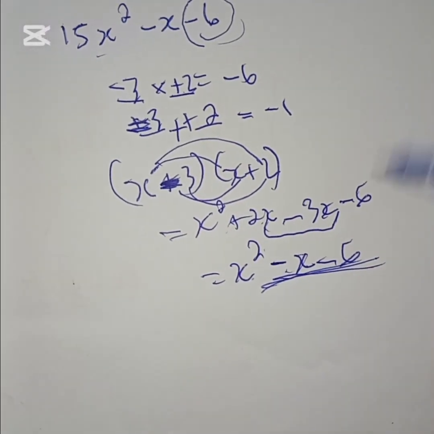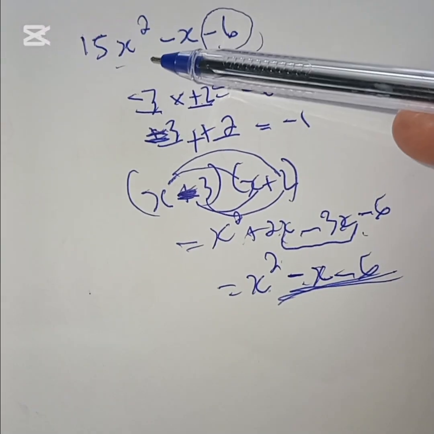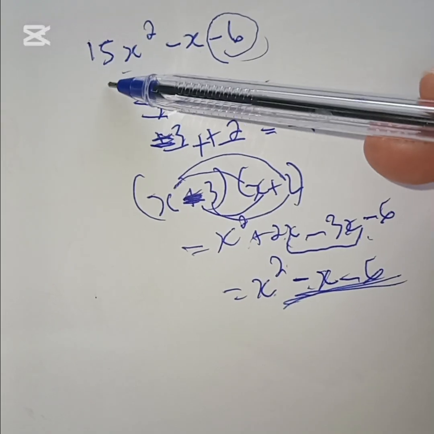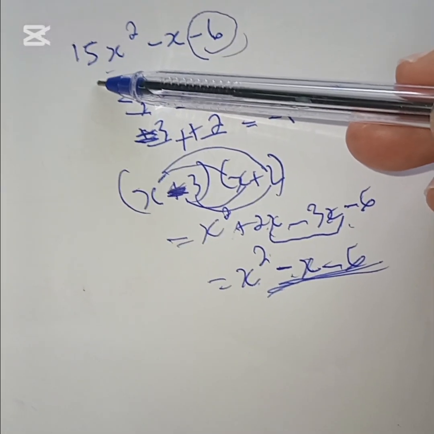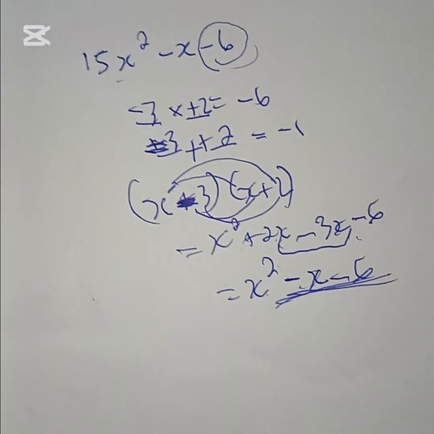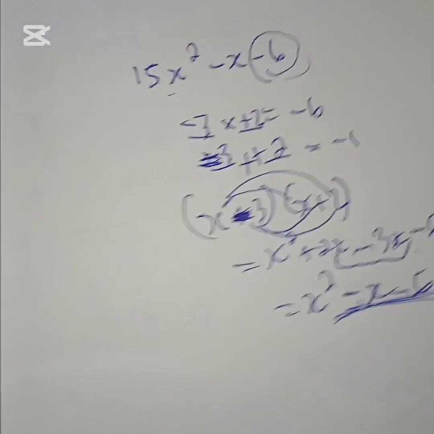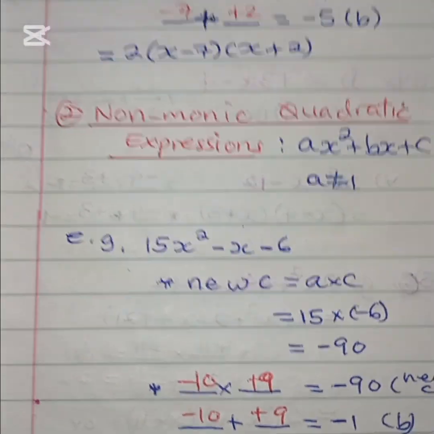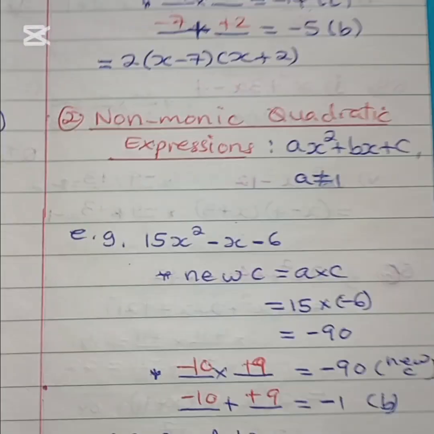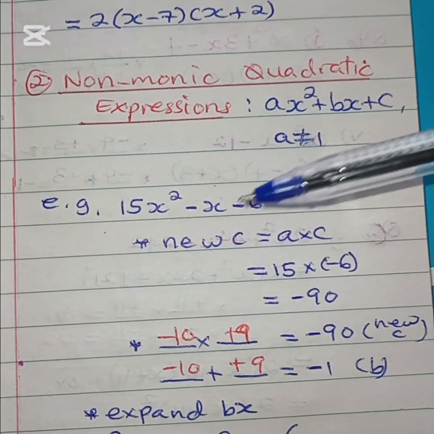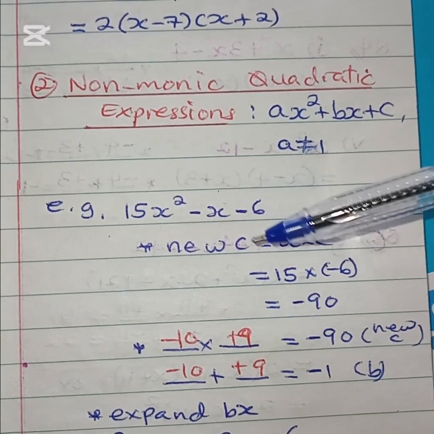Now you see, this is not like the original. We have forgotten about the 15, which is the a value. So that means this method that worked for the monic expression will not work here. We have to add something extra.